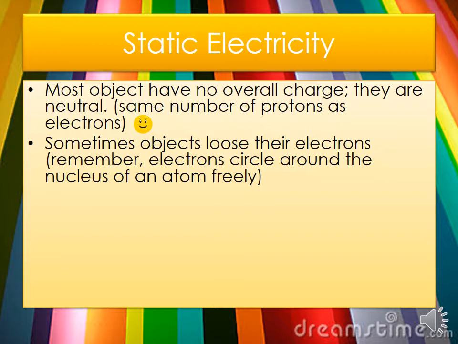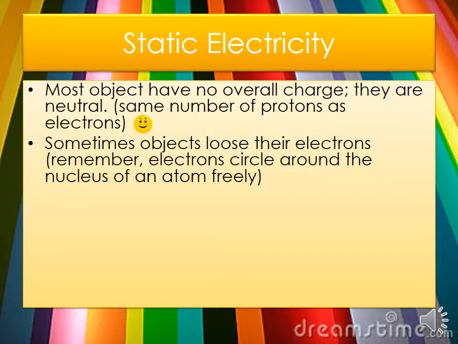Those electrons, those little tiny charges that circle around the nucleus of an atom, can get transferred from one atom to the next. It depends on the different material, whether that element or whatever type of atom it is.